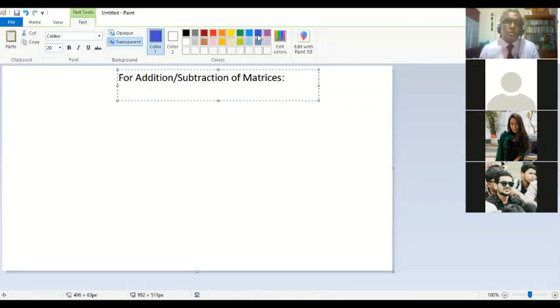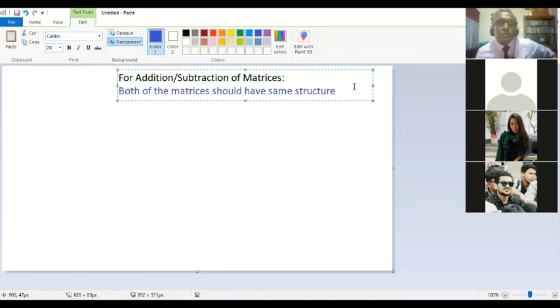So what is the condition? The condition is both of the matrices should have the same structure. So what does that mean?